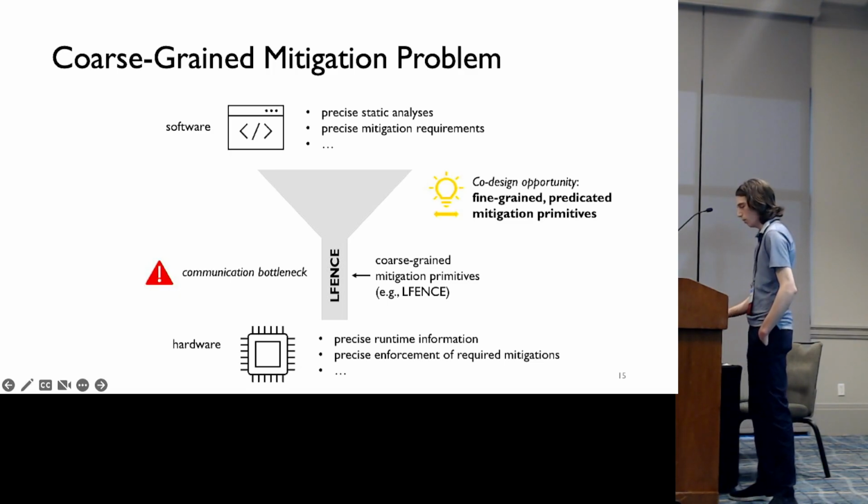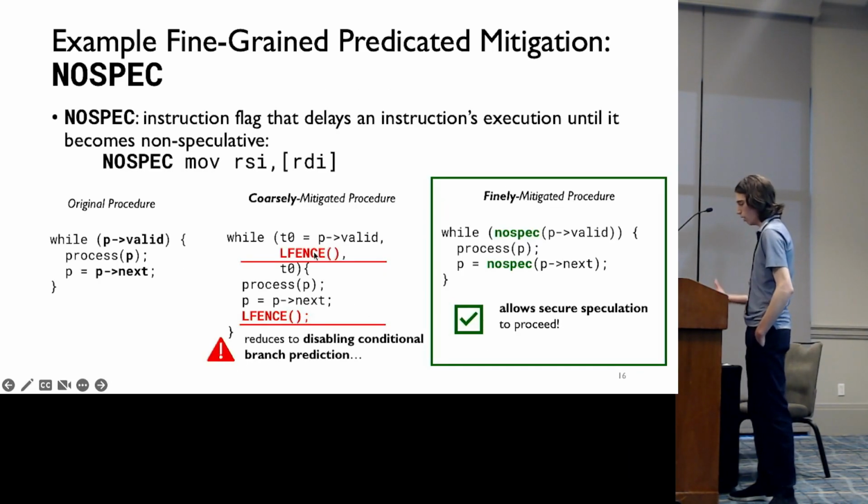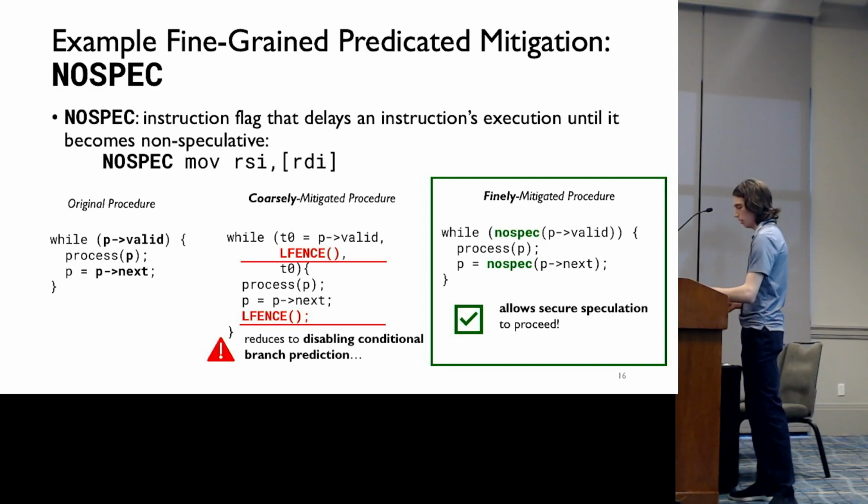And so this really reveals what we think will be the biggest co-design area, which is the development of fine-grained predicated mitigation primitives to expose through the ISA. I'm not going to present on all of these primitives that we're actively working on to extend Serberus with, but I'm happy to talk about them offline. For now, I'm just going to talk about this one called nospec.